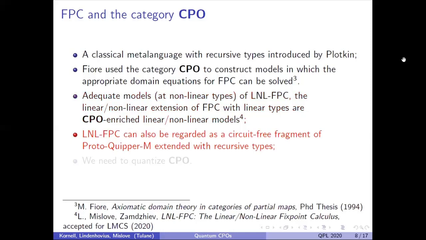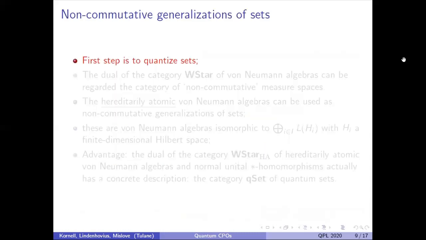LNL FPC, by the way, can be regarded also as a circuit-free fragment of Proto-Quipper-M extended with recursive types. So this again gives a link between quantum programming languages with recursive types and the classical fragment FPC. So the bottom line is we need to find a way to quantize CPO. And the first step, since CPO has an underlying set, is to quantize sets.